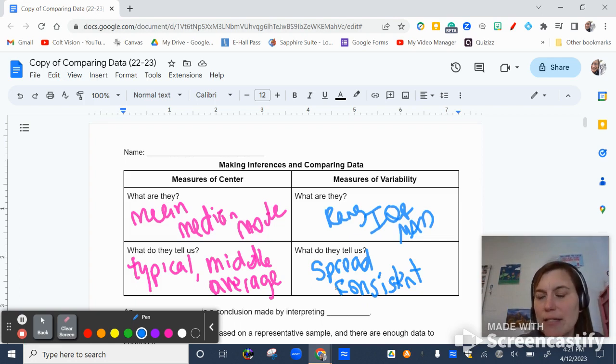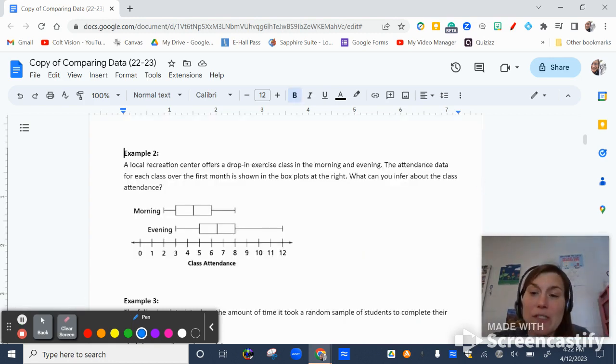And when we look at that other data down there, we notice that the data kind of clusters from 7 to 9, and then it ranges about 7 hours. So there's some variability in this, kind of spread out, but the middle center is very clustered together. So that's how you make inferences from one set of data.